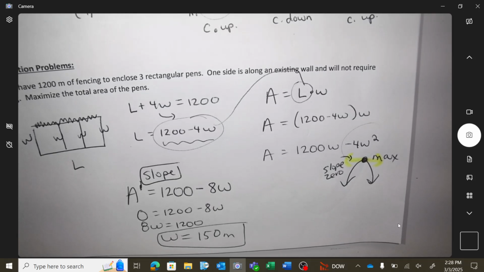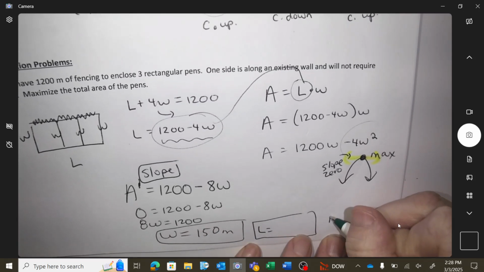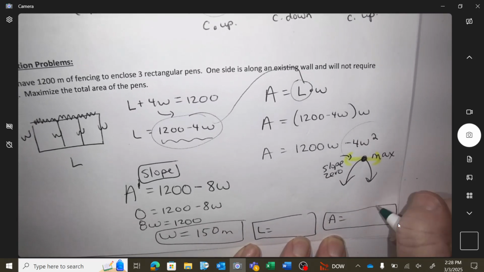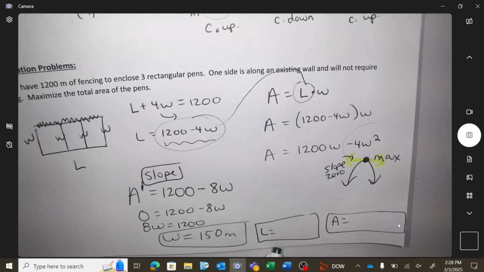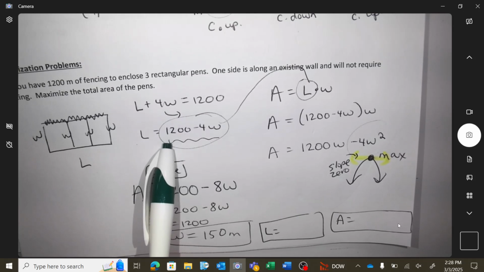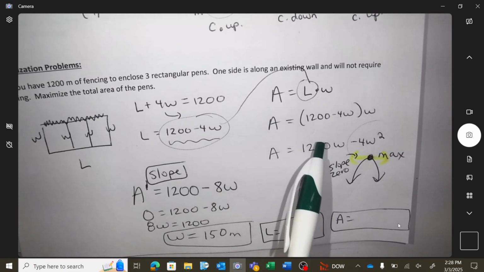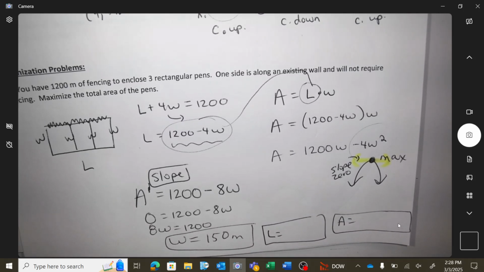Okay, maximize the total area. So you can do 3 pieces of information now. This is your W. You could figure out your L. You could figure out your area. It all depends where you do your plugins, right? So if I wanted my L, I would plug into this. If I wanted my area, I would plug into this, or just times my length and width.